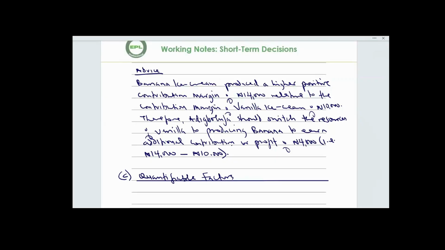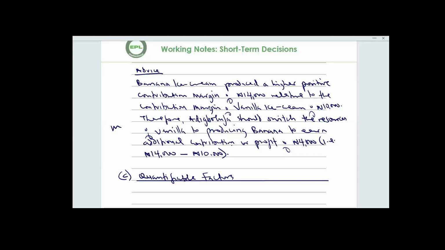Yes. So, if you add it, that's not anything that will enhance your contribution. Anything that will enhance your performance is allowed. But the bottom line is that don't go too far. The more you are trying to express yourself, the more you may comment on something that is unnecessary to your calculation. Because in this question, the examiner is asking you whether they should switch resources from producing vanilla to now producing banana.